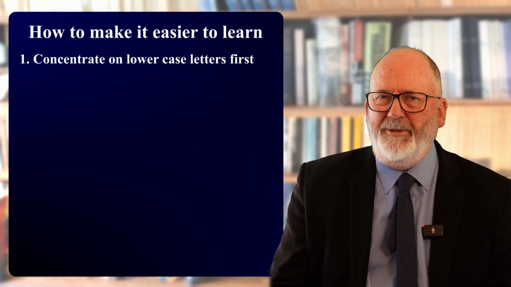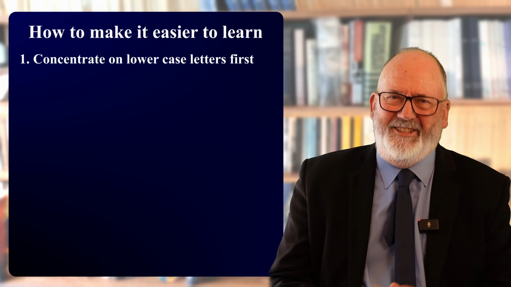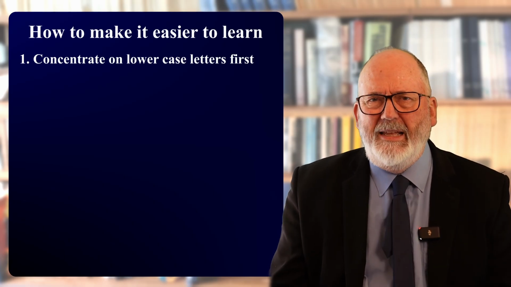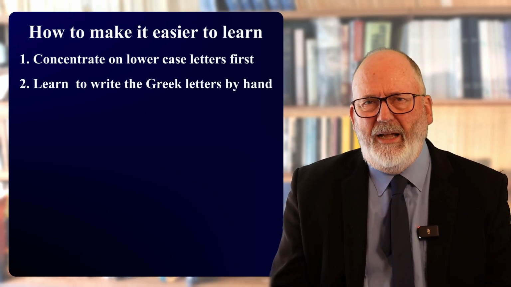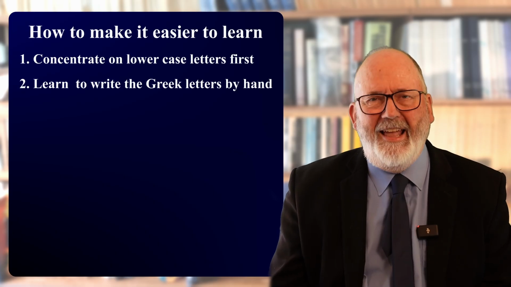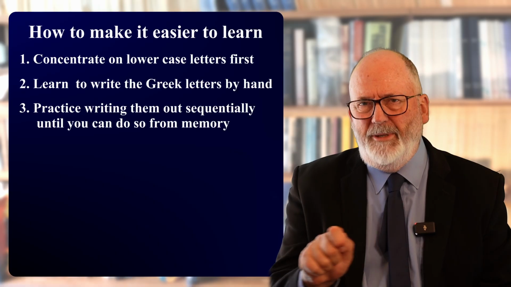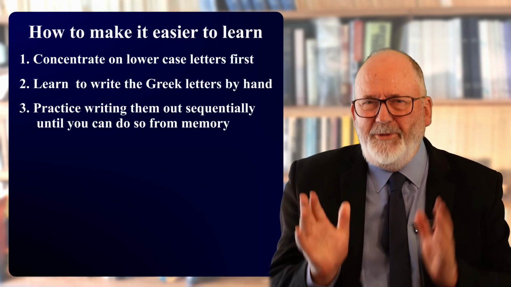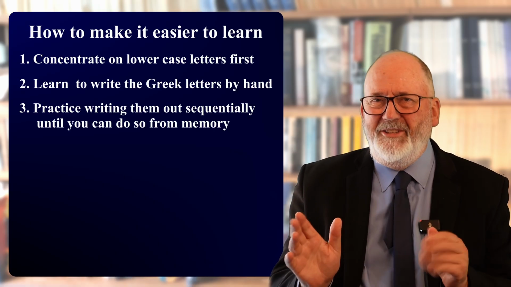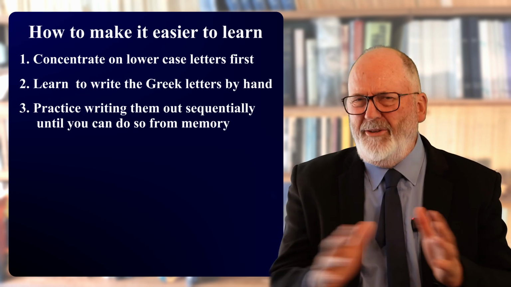A second tip in learning the Greek alphabet, and this is a pretty straightforward one, is learn to write the Greek alphabet by hand. And once you can do that, learn to write them out in their proper order. Now, when you do that the first time, you will probably get some of the letters, but not all of the letters.